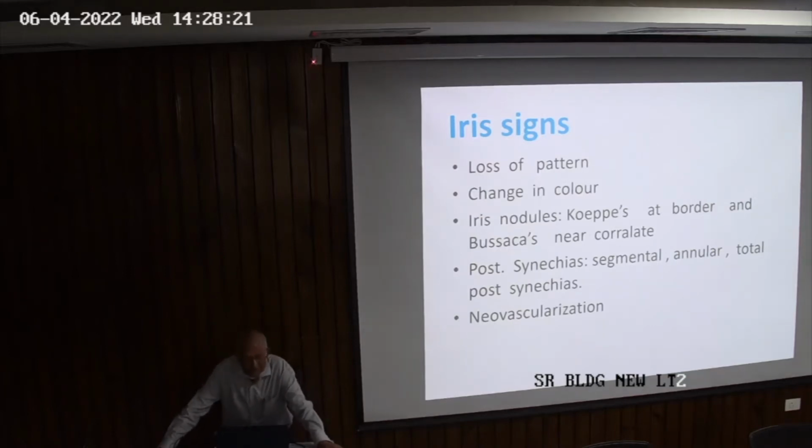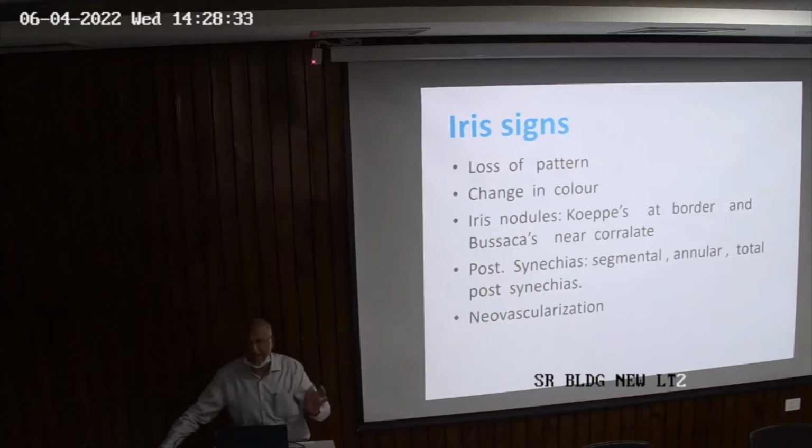Iris nodules, Koeppe nodules on the border and Busacca nodules. Posterior synechiae also: segmental, annular, or total posterior synechia, and neovascularization. So these are the iris findings in acute iridocyclitis: loss of pattern, color changes, iris nodules, posterior synechia, or neovascularization.